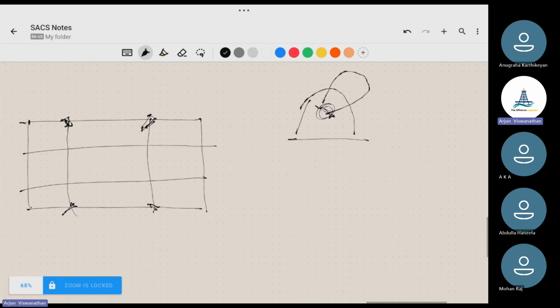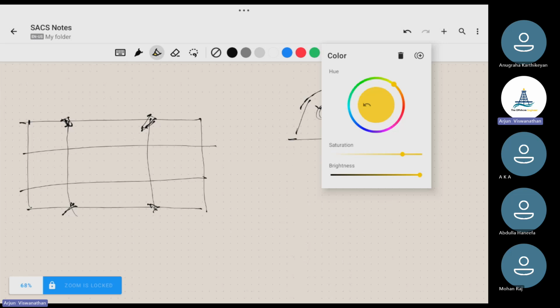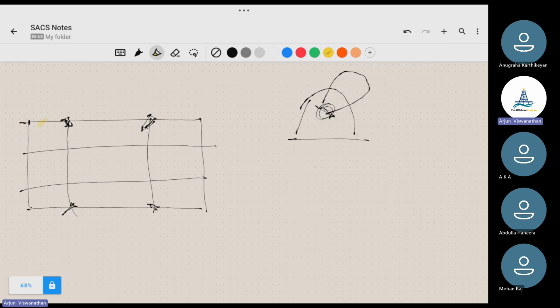Let's say which structures are directly connected to a padeye. So these three members are directly connected to a padeye. This is directly connected to a padeye. Similarly, these three are directly connected to a padeye.